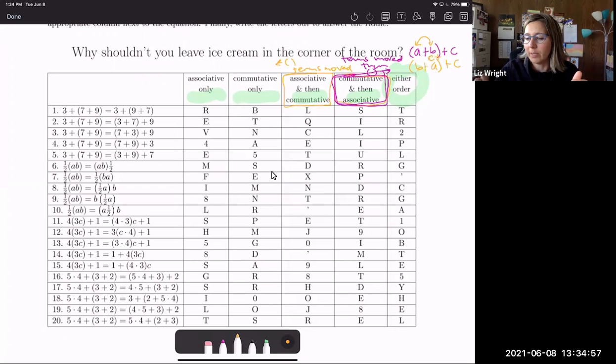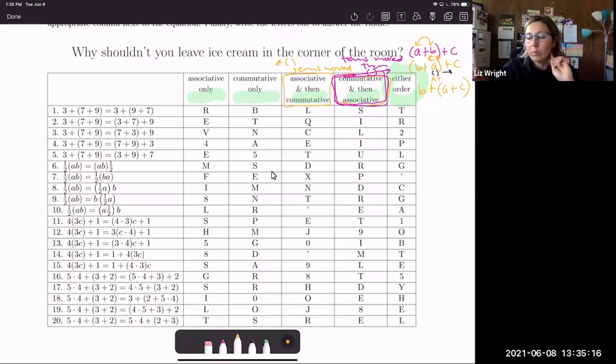I'm just writing the property in between my steps. And then I'm going to do the associative property of addition, and I am going to move my parentheses to the right. So then my answer is going to be B plus A plus C.